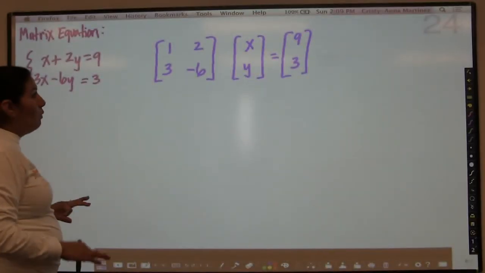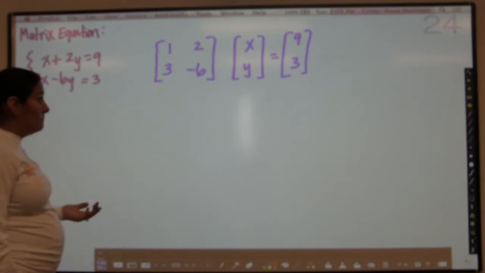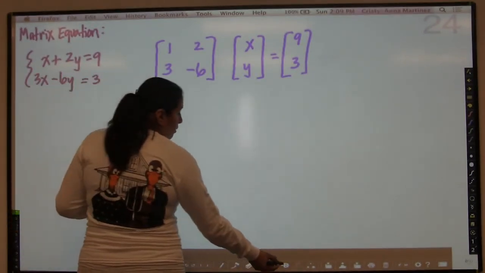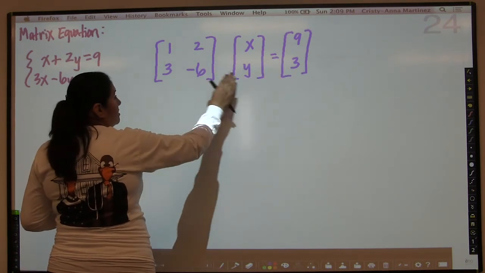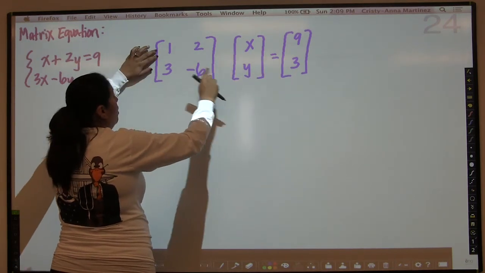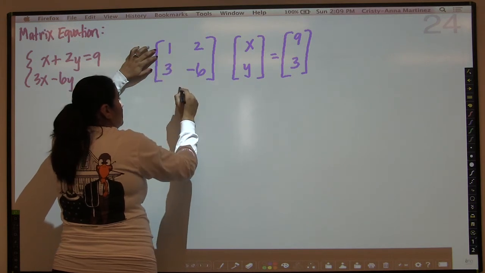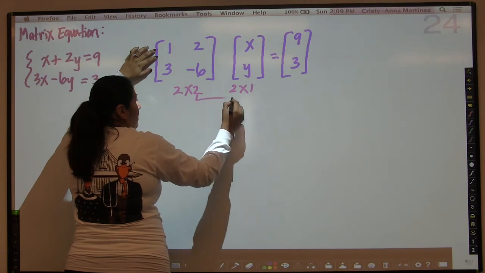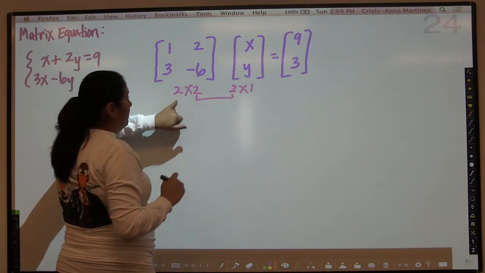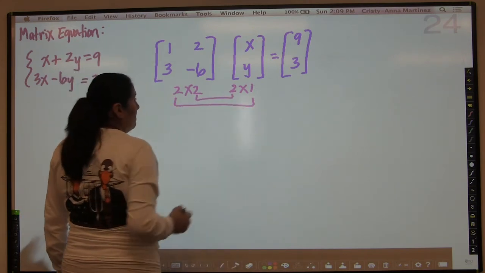Now, if you're wondering why this works, I can show you very quickly and then move on. If you were to multiply these two matrices, this is a 2 by 2, this would be a 2 by 1, they would be totally defined, and you would end up with a 2 by 1 matrix.